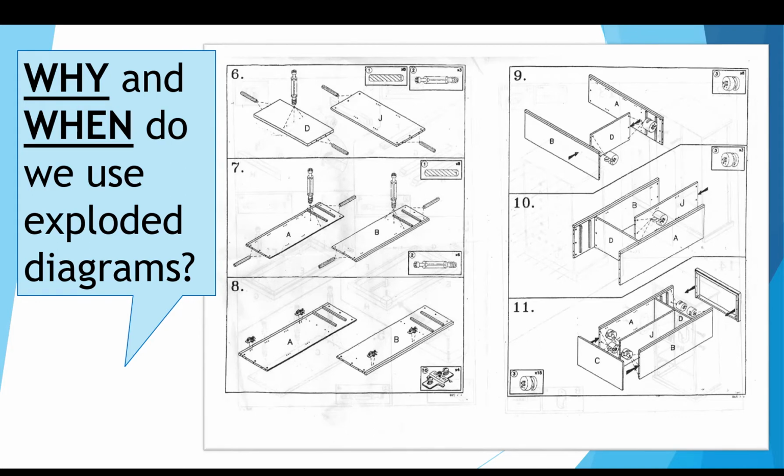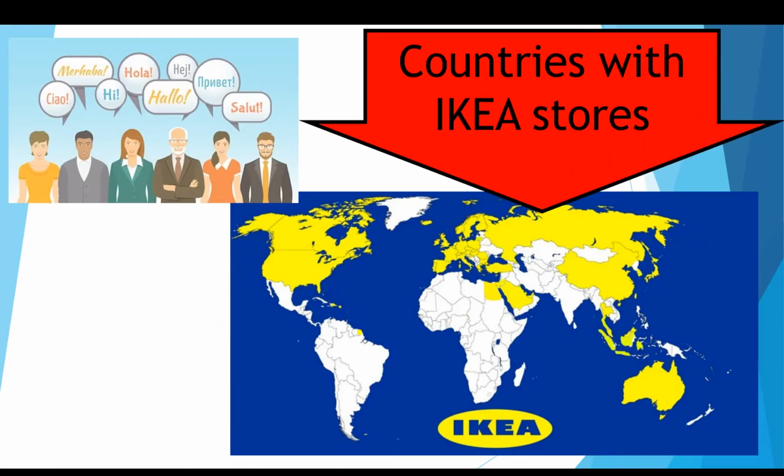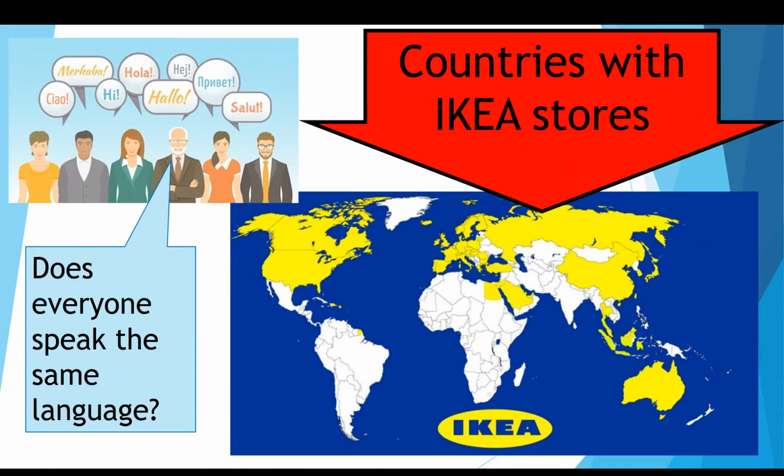There's a common example from IKEA. This is from a bookshelf I bought several years ago, and obviously IKEA is all over the world, so they need to have pictures clearly explaining how everything lines up and how it connects. So the most obvious reason is it's international. Have you ever heard the phrase, a picture speaks 1,000 words? Well, does everyone speak the same language?